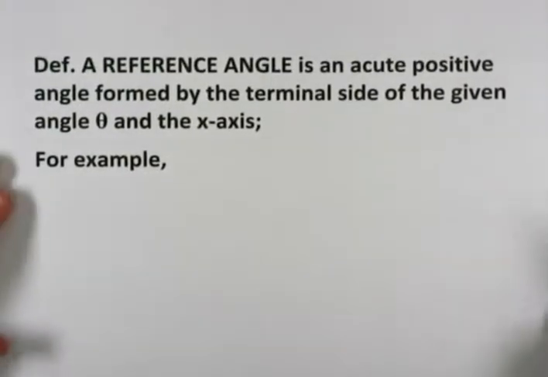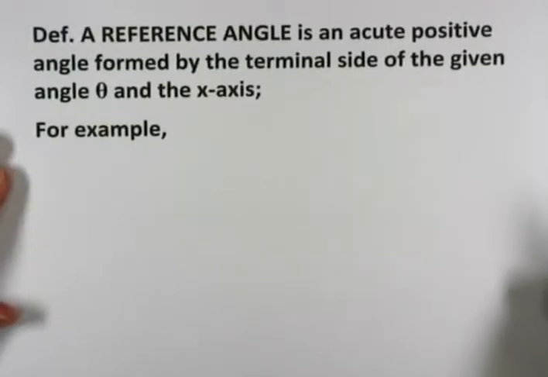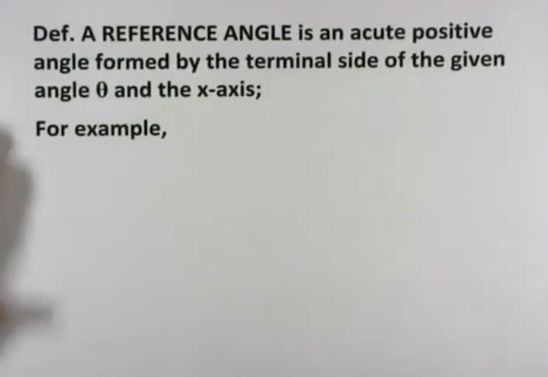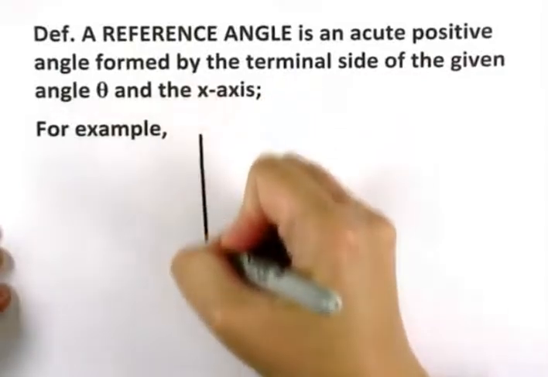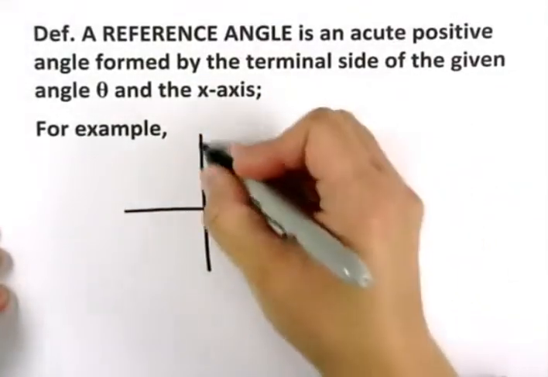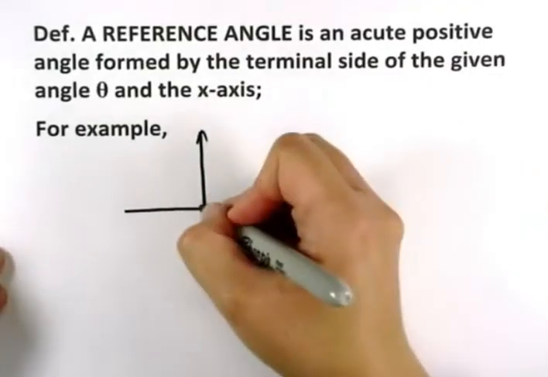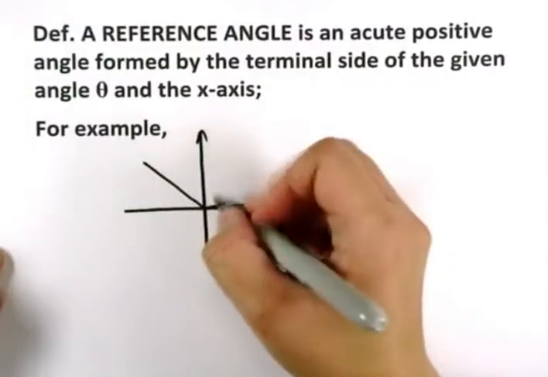Definition of a reference angle. A reference angle is an acute positive angle formed by the terminal side of the given angle theta and the x-axis. For example, if my angle has the initial side right here and the terminal side right here, that's my angle theta.